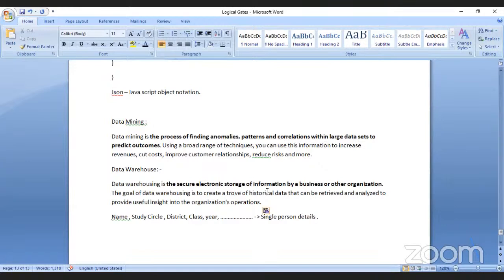For example, in your Ambedkar University, from 1950, from the date they were established till today's date, they have to maintain the data. That data is known as historical data, the data we maintain from which date to till date. So what is the necessity of that?